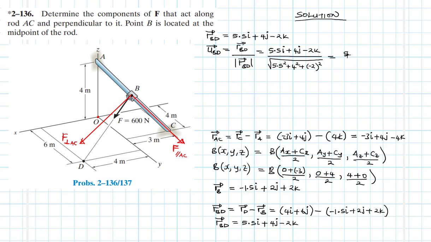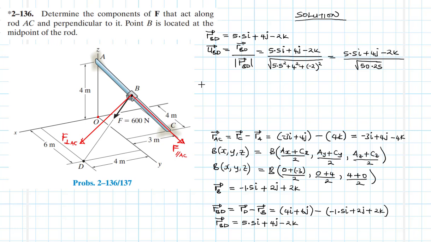This gives us 5.5i plus 4j minus 2k divided by root of 50.25.